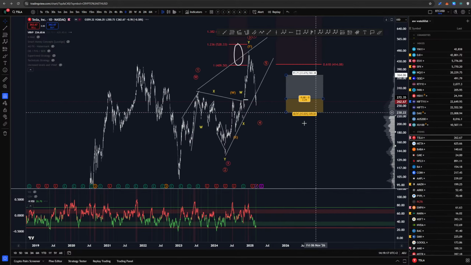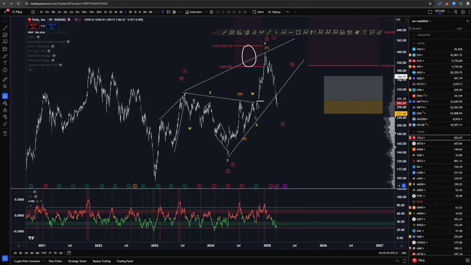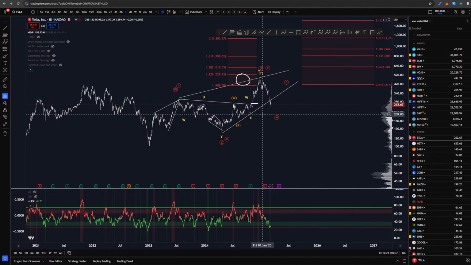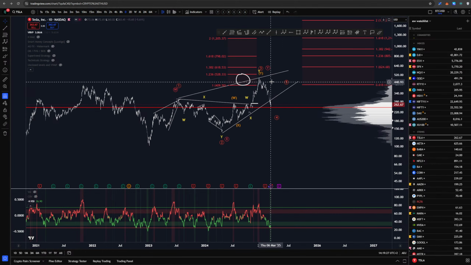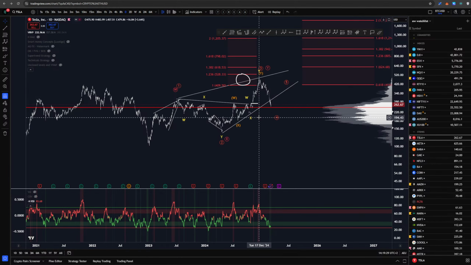Check out some of these stocks. Tesla had a massive drawdown. I'm pretty sure that we actually were talking about this pivot on the last live stream that we had quite a long time ago. I can't remember when we had it, but we were talking about how we had to pivot in order to have this as a possible 3-wave structure.